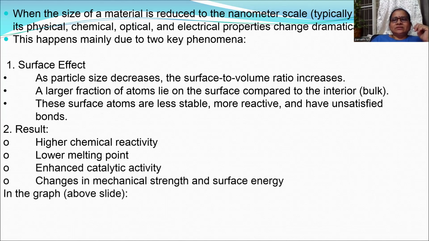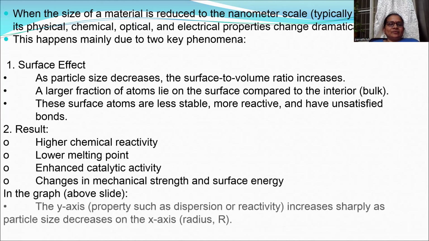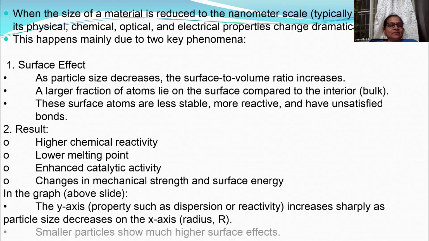All these are important parameters resulting at the nanomaterial, nanoparticle level. So from the above slide, on the y-axis, properties such as dispersion or reactivity increase sharply as particle size decreases. That we have noticed. So smaller particles show much higher surface effects.